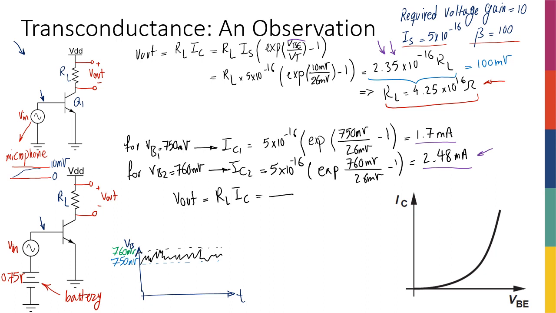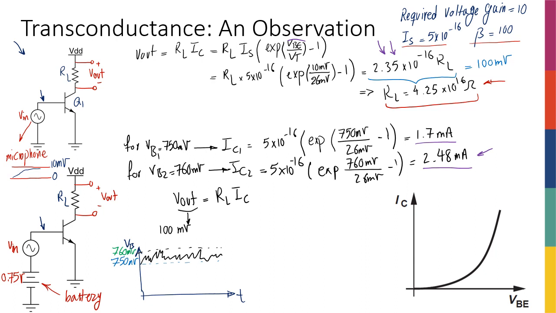For 750, we don't actually have to calculate the two numbers. I want V out to change by 100 millivolts when V in is changing by 10 millivolts.